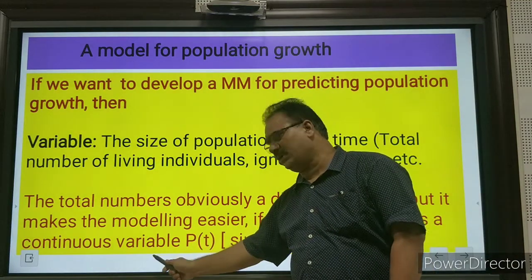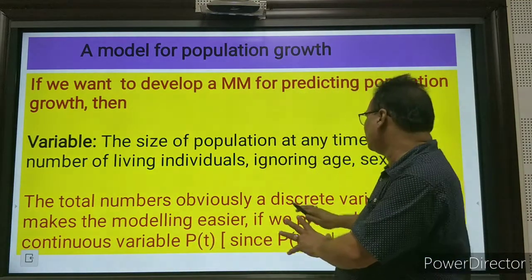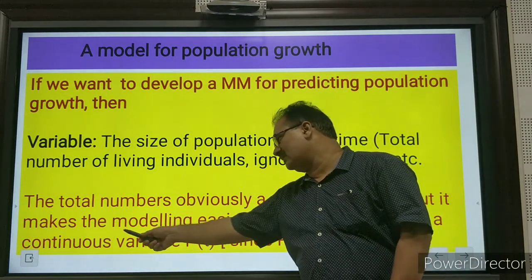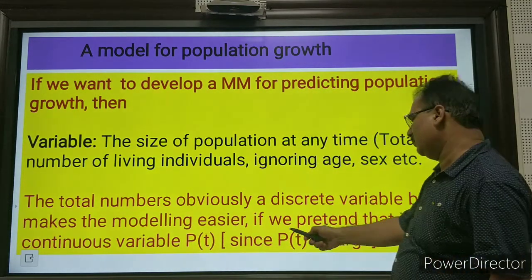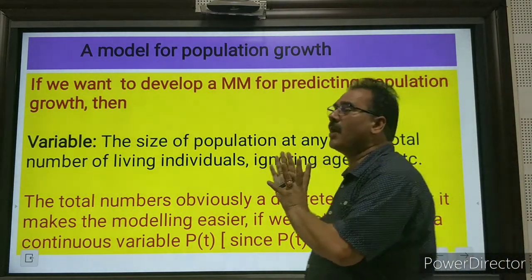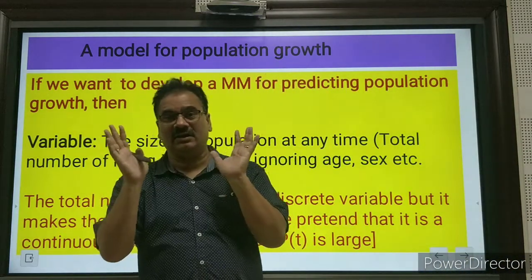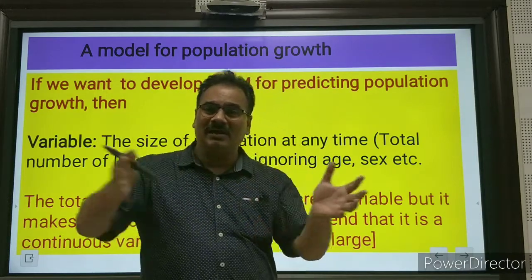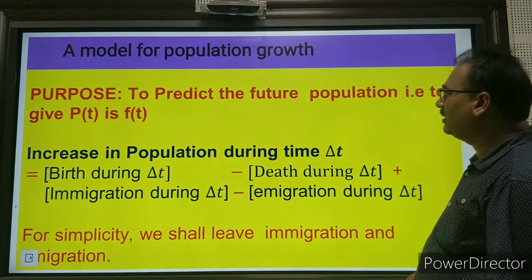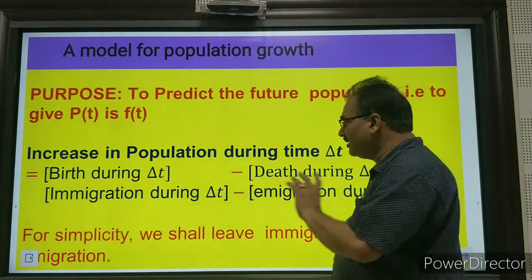Mind it, this is a very important sentence. Basically this is discrete, but for a simple model we could consider this a continuous variable since P(t) is large. Why can we consider that? Because here we are discussing population growth, where t is a very large quantity. So here we can take this as a continuous variable.